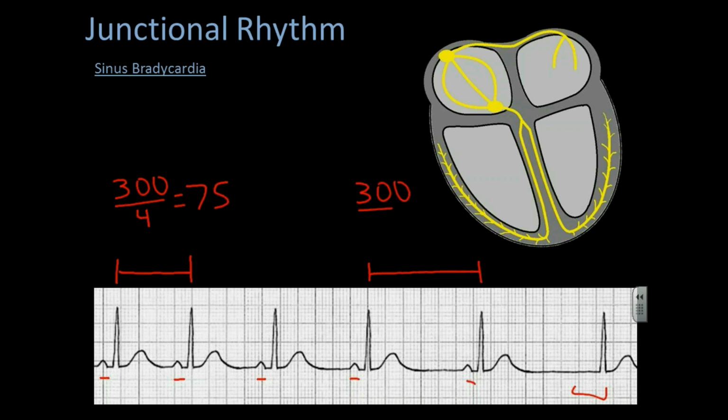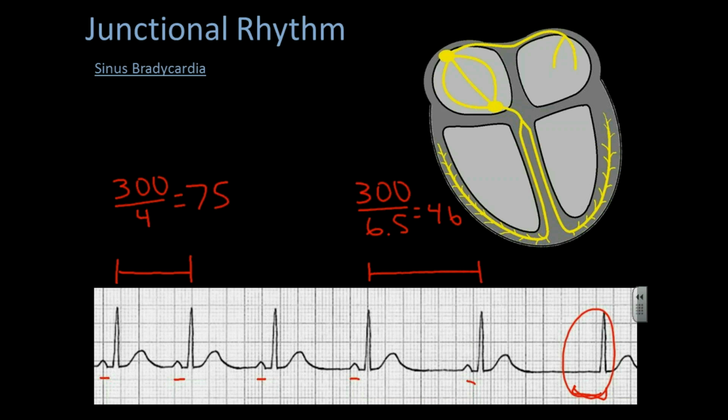So I'm going to take 300, divide it by 6.5, which is about 46 beats per minute. So the pacing of the SA node slowed down considerably, well into the range where the AV node may be able to outpace it, which is what you're seeing over here.